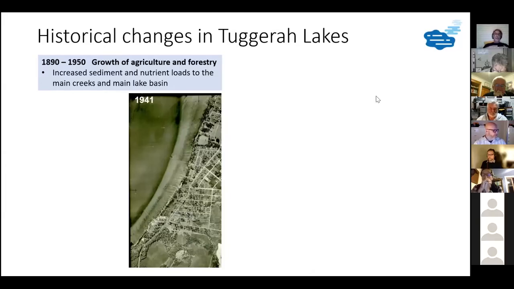There were small urban developments springing up around the lake, and in this photo you can see a 1941 aerial from the war years of the Long Jetty region. The road network was in, but really the density of housing was very low.